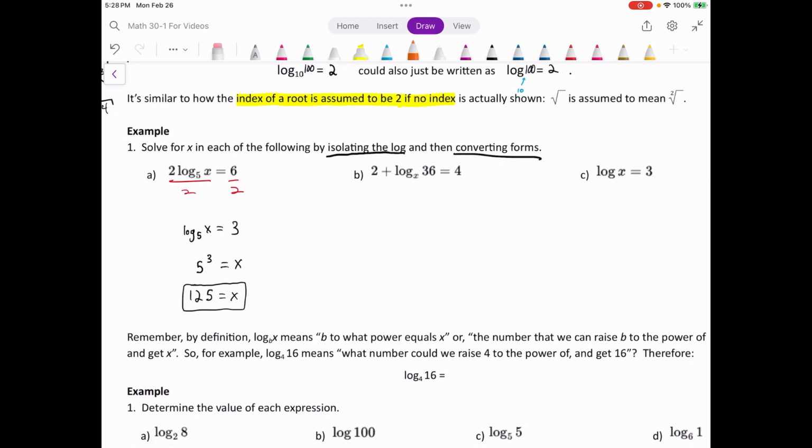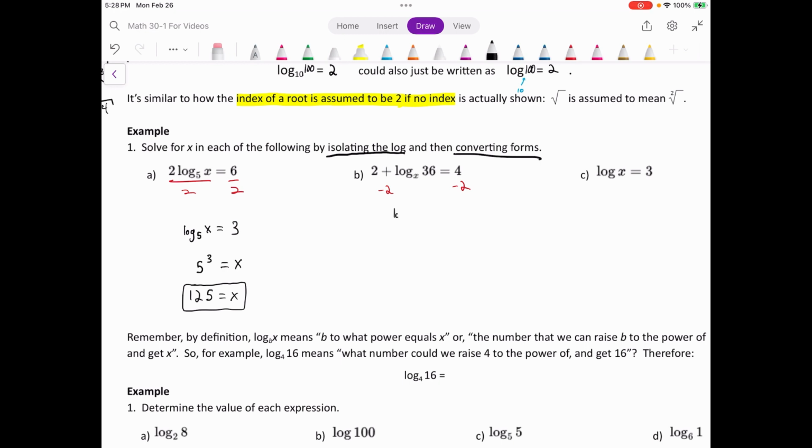Okay, let's look at B here. Similar problem, right? We can't really say the sentence yet. x to the power of 4 equals 36, but that's not the whole story. What about the plus 2, right? So first, isolate the log so that we can actually properly look at the exponential relationship that this logarithmic form implies. So I'm going to subtract 2 from both sides.